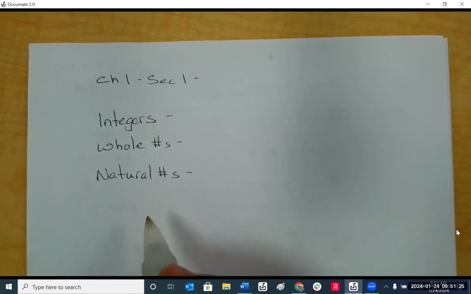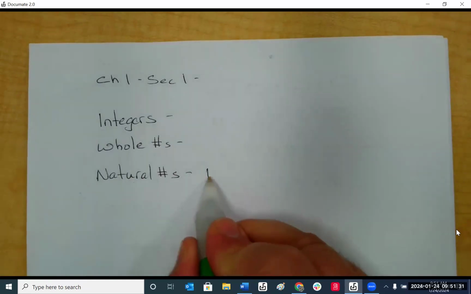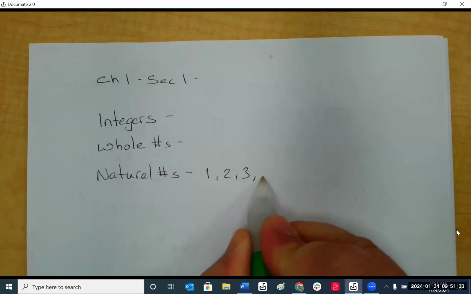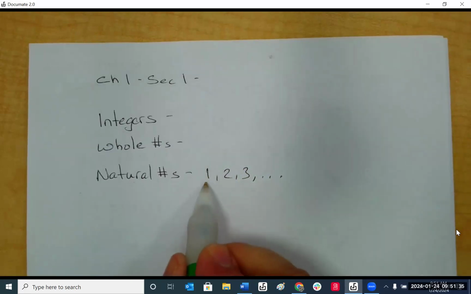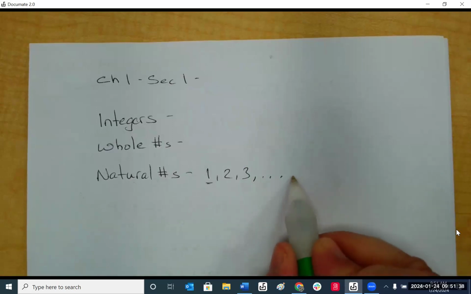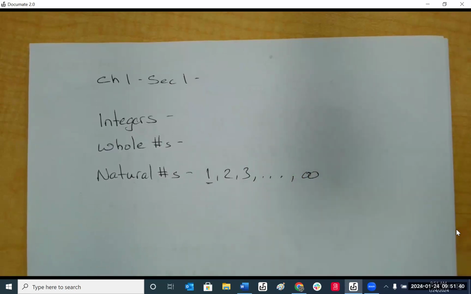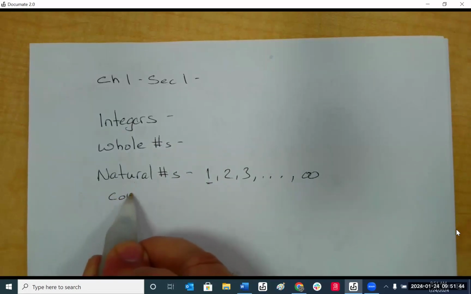Let me help you. If I ask you to count to 5, how would you do it? What would you do first? Starts with 1, and it goes on to infinity. Natural numbers are also called our counting numbers.